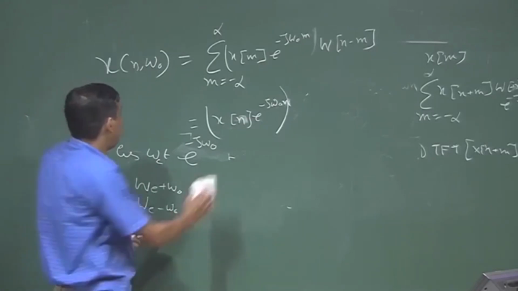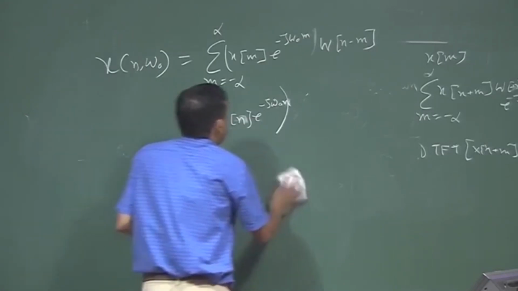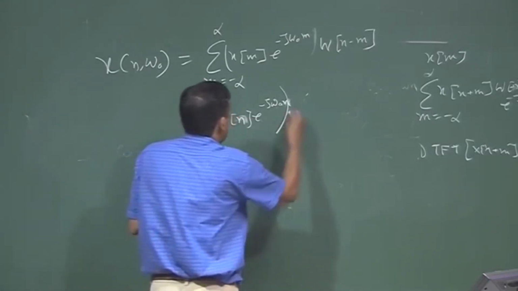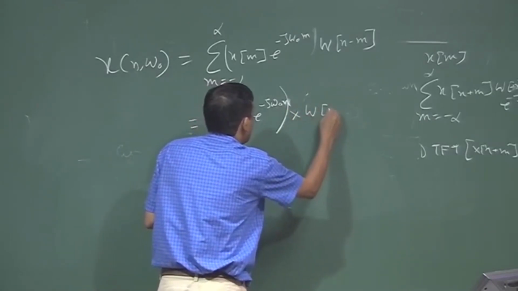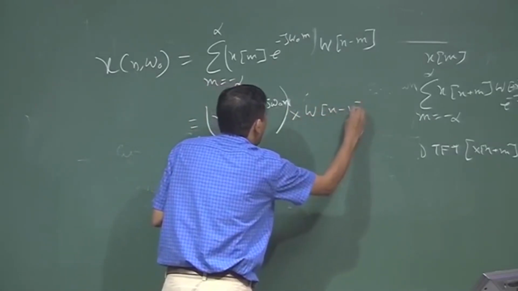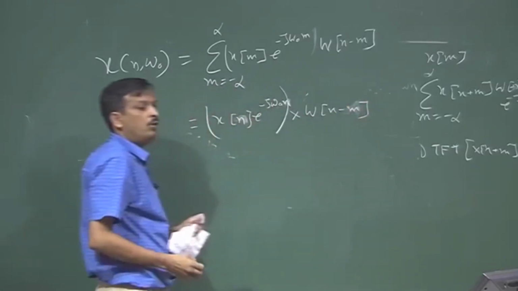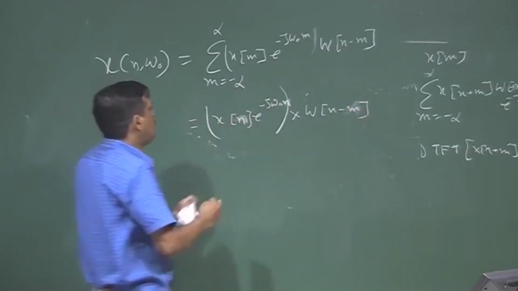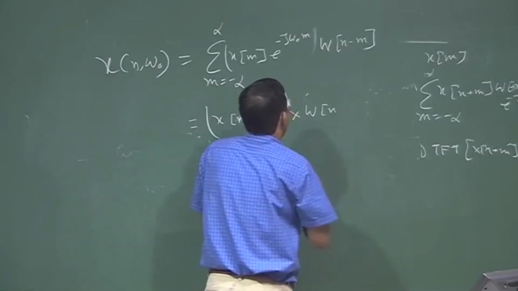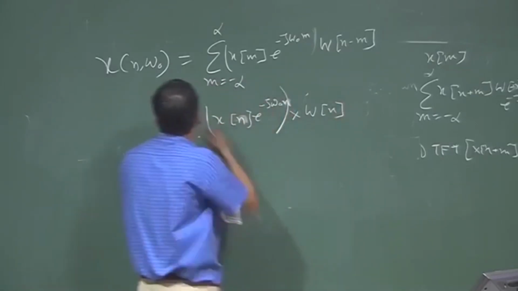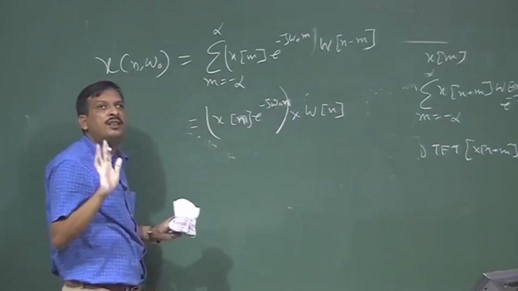So, if I want to draw the block diagram of this convolution, instead of m I should write n, not minus m, because the time instant I have taken, n, is the fixed time instant.